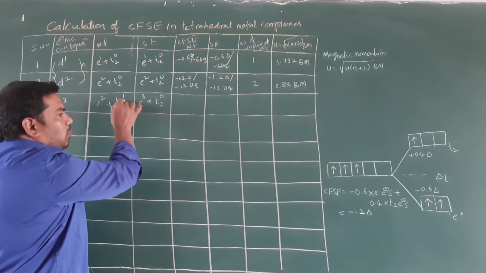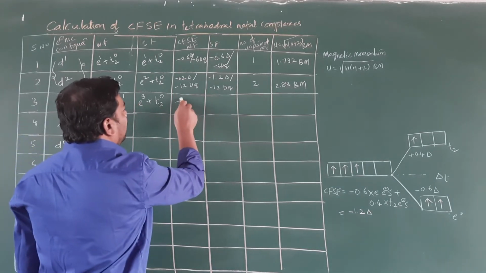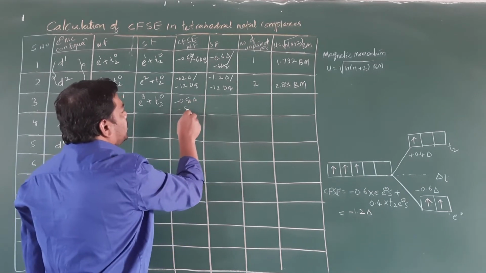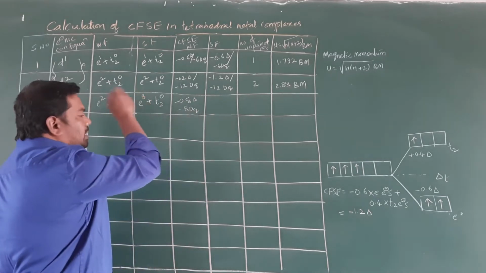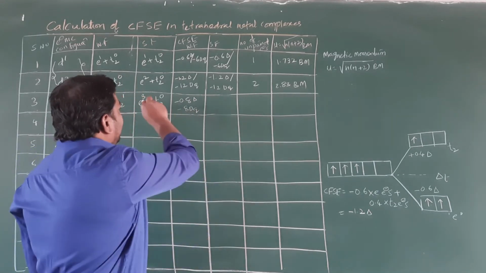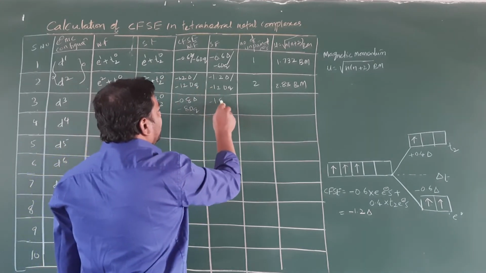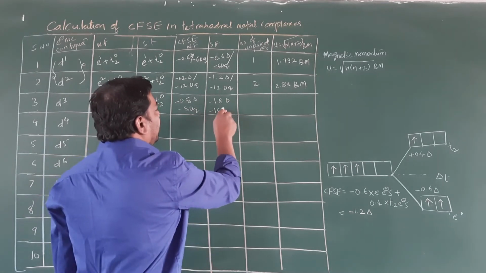Minus 1.2 plus 0.4 is, in the case of a weak field metal complex, minus 0.8 delta or minus 8 dq. Clear, student? If it is a strong field metal complex, minus 0.6 multiplied by 3, then it is equal to minus 1.8 delta or minus 18 dq.